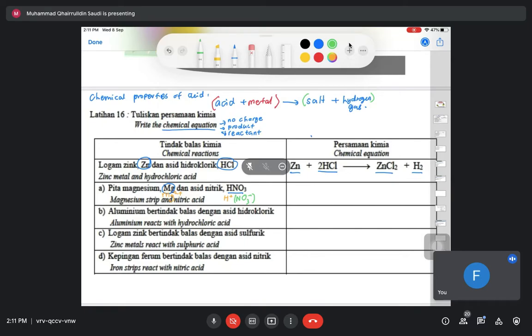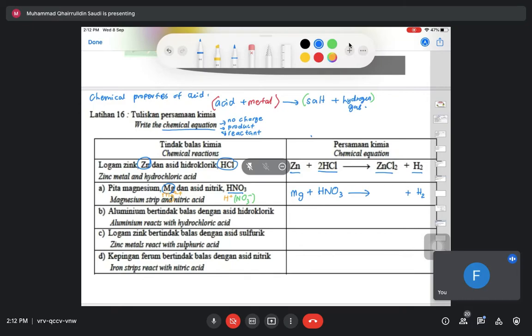For the product, you write down as given, magnesium plus nitric acid. And then you already know the formula for hydrogen gas, H2. You just have to find out the formula for the salt.